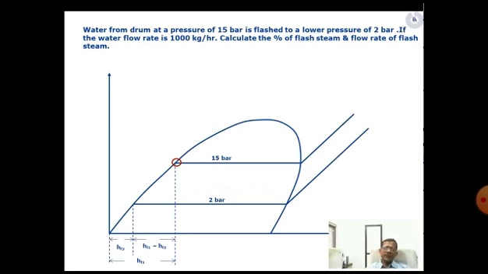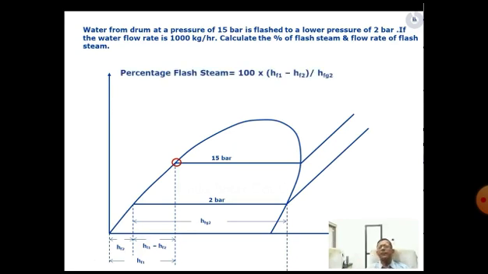Now in a steam table, whatever is the specific enthalpy of evaporation at 2 bar, HFG2, let us say, if we give that to 1 kg of water, then we get the total 1 kg of water converted into steam. In this case, the additional enthalpy is HF1 minus HF2. So naturally, the percentage conversion of water into steam will be HF1 minus HF2 over HFG2, into 100.